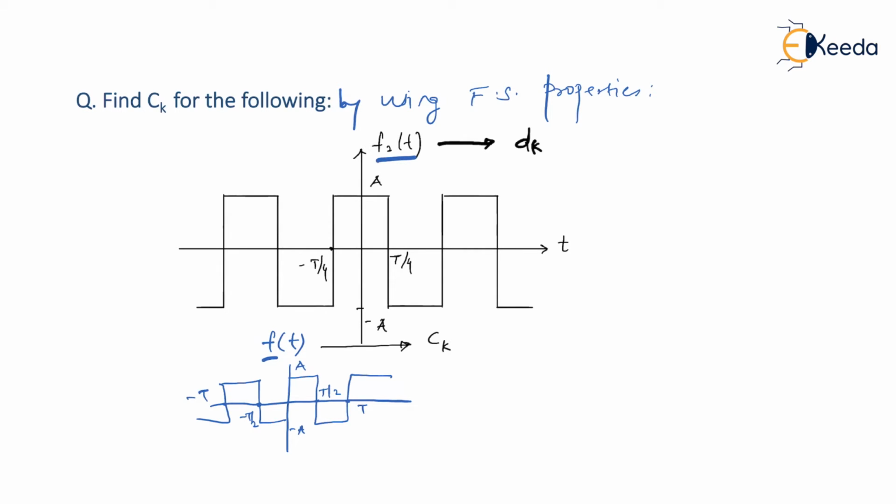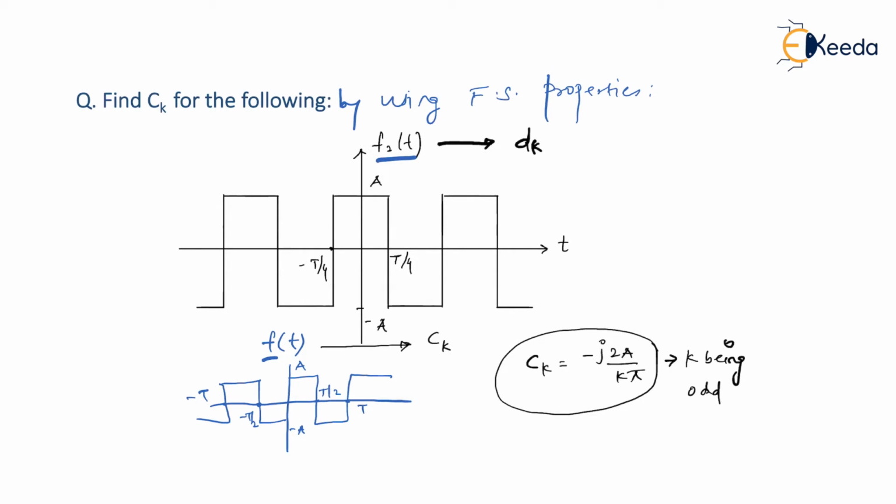Since we have already solved ck for the given f of t, let me remind you what was ck. This was the value of ck for k being odd. For all even values of k, the coefficient is always 0.